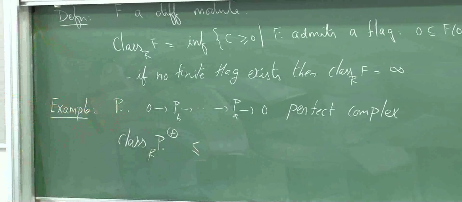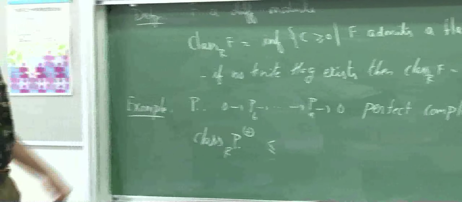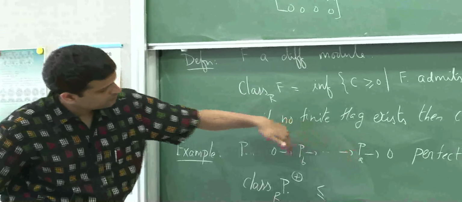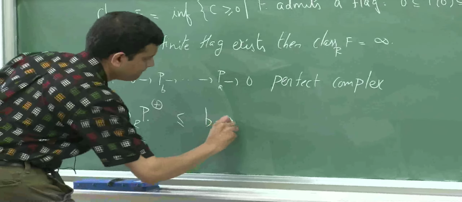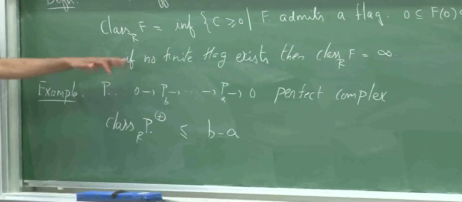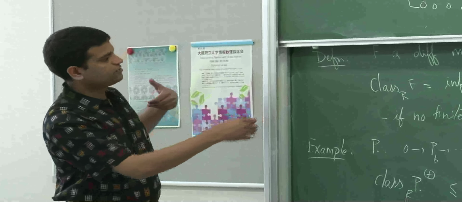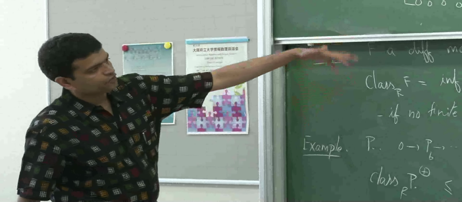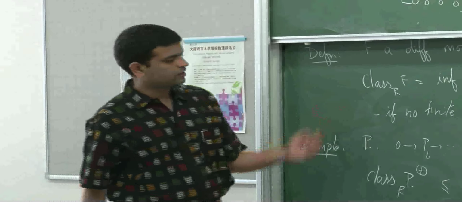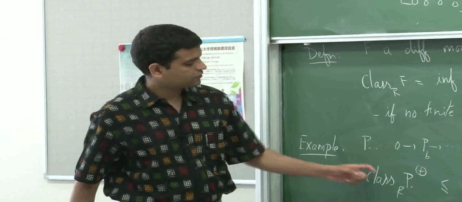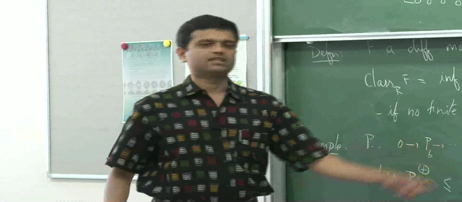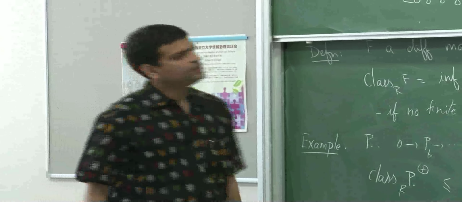We know that such a perfect complex has a flag. We just discussed it. It has a flag of length, I guess it is B minus A. Given a complex of projective modules, I described the filtration of the corresponding differential module, a flag on it, and from there you can see immediately that the class of the corresponding differential module is no more than B minus A.